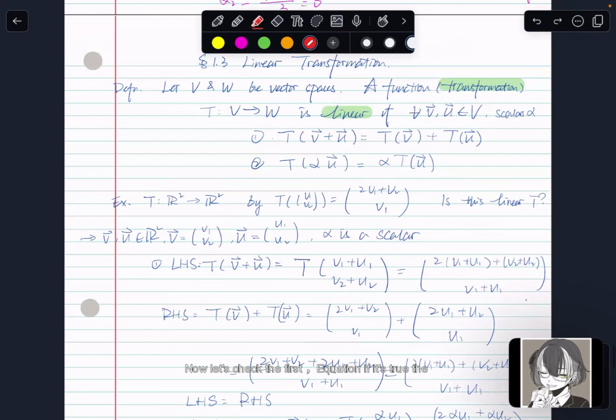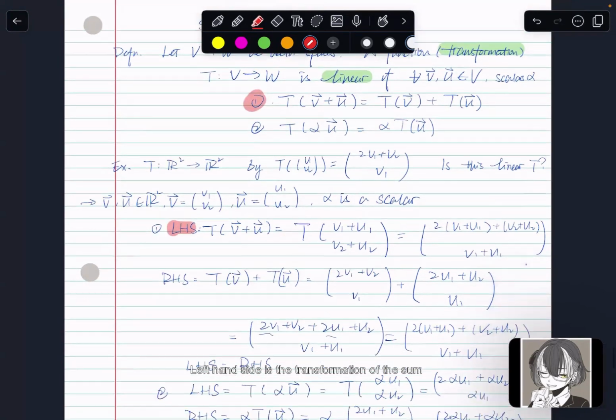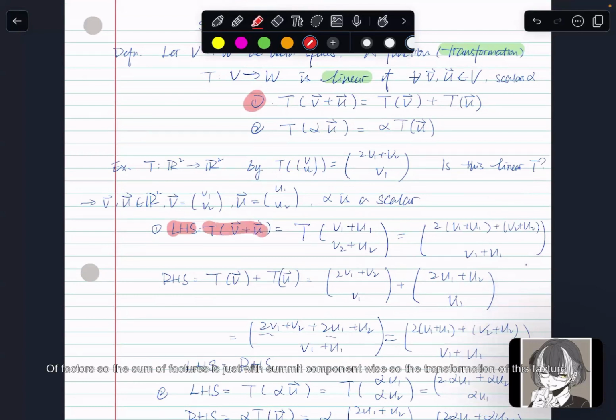Now, let's check if the first equation is true. The left-hand side is the transformation of the sum of vectors. The sum of vectors is just the component-wise sum.